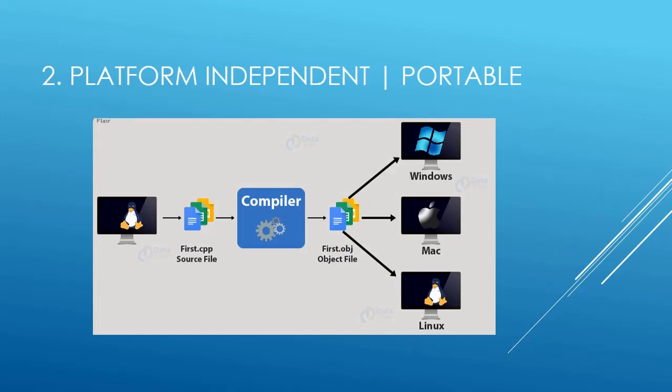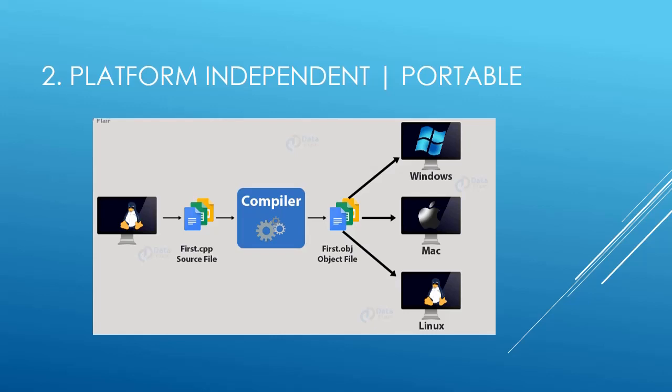The second feature of C++ is that it is platform independent, or portable. Suppose I write a program in Linux, compile it there, and save the file with a name .cpp. Then I can port it to Windows or Mac, anywhere possible, and run the same program.